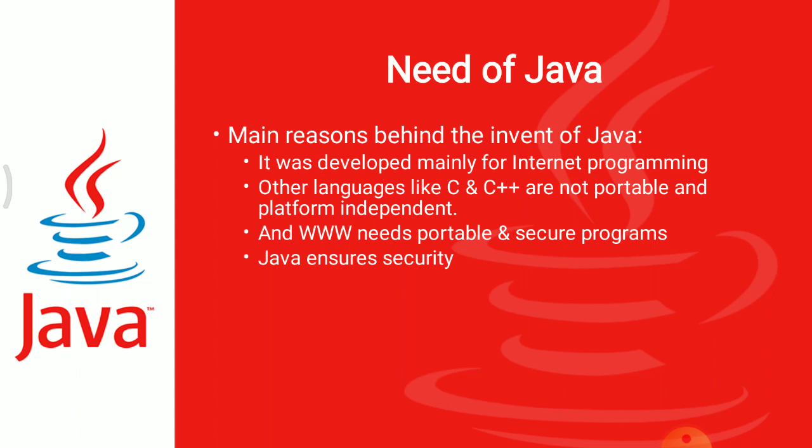Portable means we write syntax in Java, we perform a task in Java, and when this Java program is converted into bytecode, that bytecode will run on any type of operating system. That is the major role of Java, that it is portable. And platform independent: it needs only a toolkit to compile and run the program.